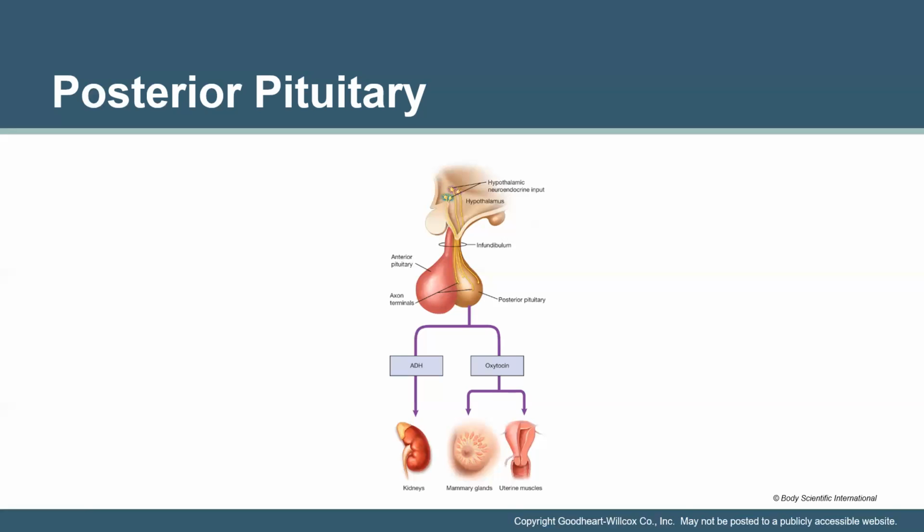One of its big roles, and we'll learn this in the renal chapter, is to increase the water absorption by the kidneys. This is to help regulate blood pressure. It will decrease sweating.